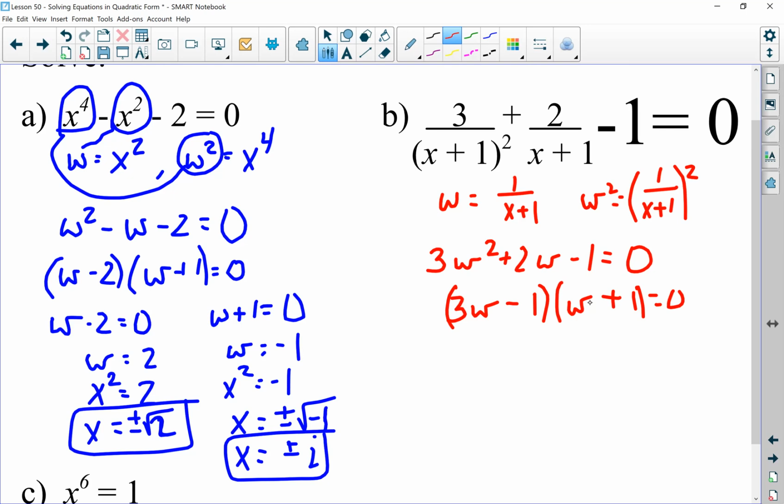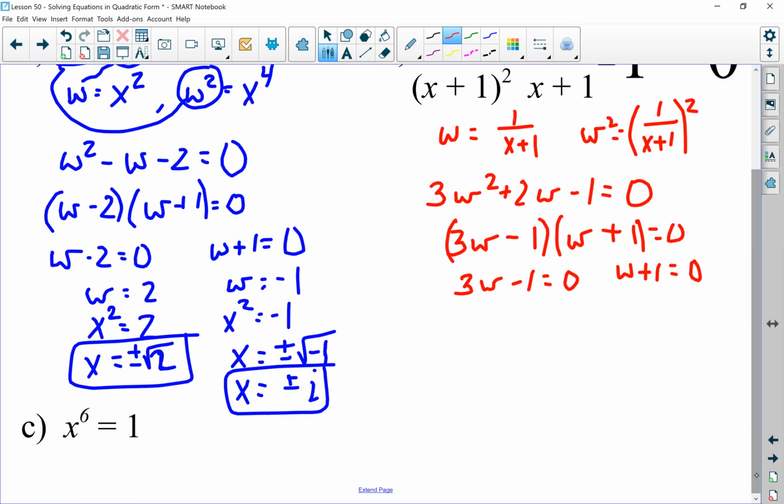There are times when this method works really well and times when it doesn't work well at all. When I was your age, and slightly younger, that's the way we factored all the time, and it wasn't fun. Now I'm going to take and set each of those factors equal to 0.